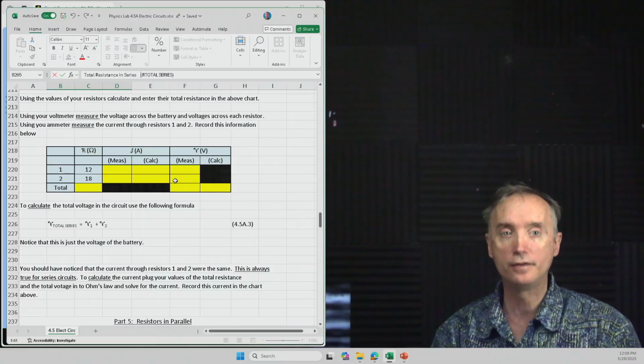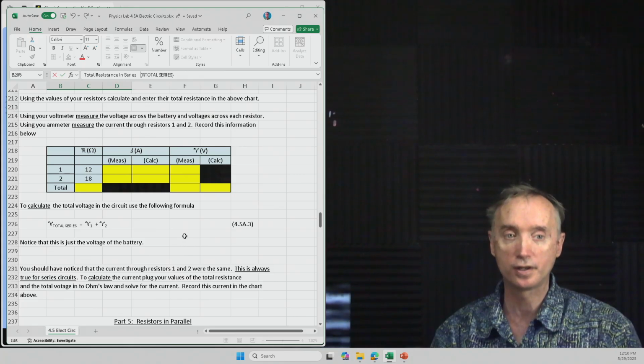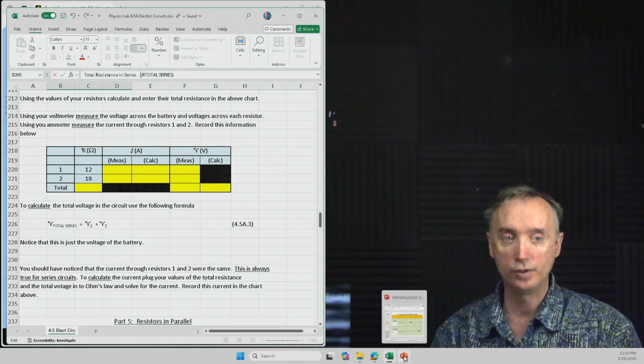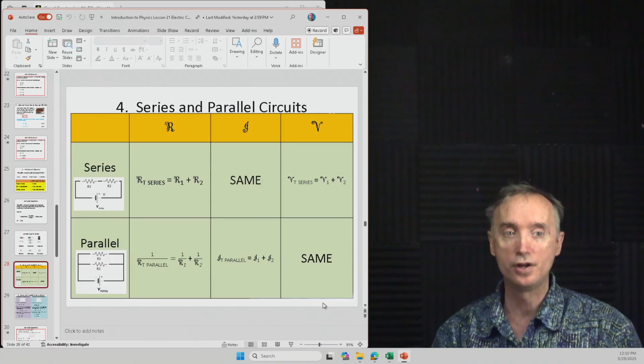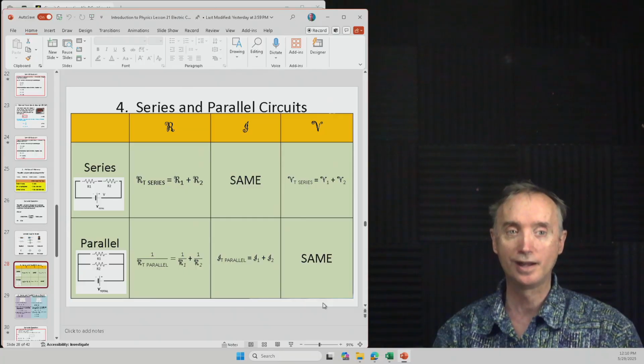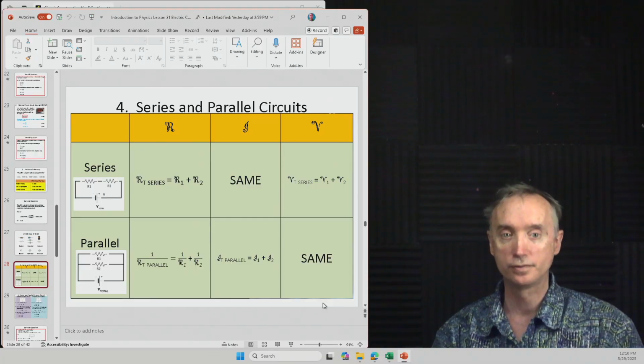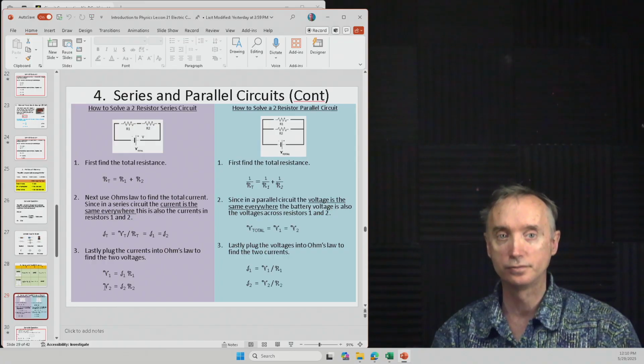So all that's left is we need to calculate the currents. We've measured the currents, but now we want to calculate them. Now this is where it gets kind of tricky. So go back to your lecture notes, and here is going to be the procedure.